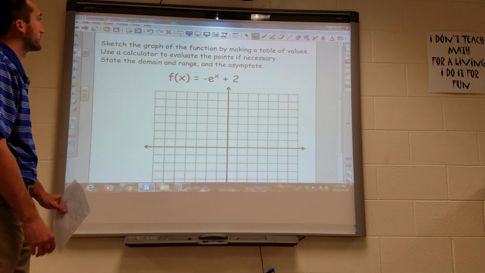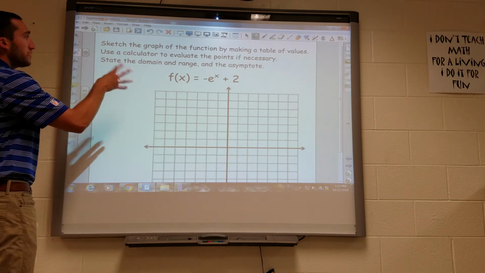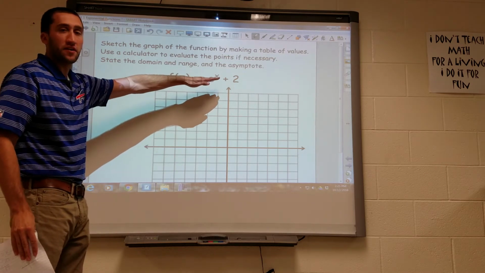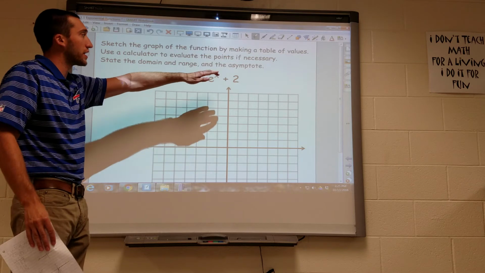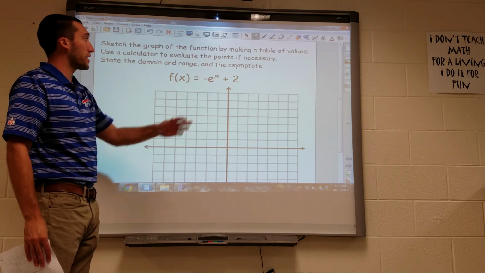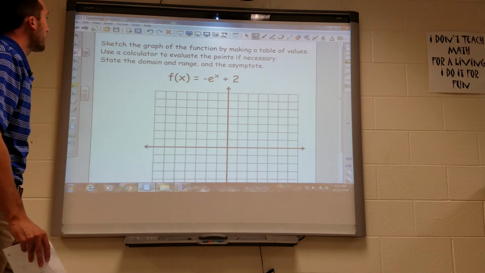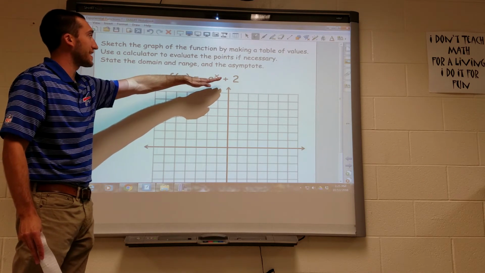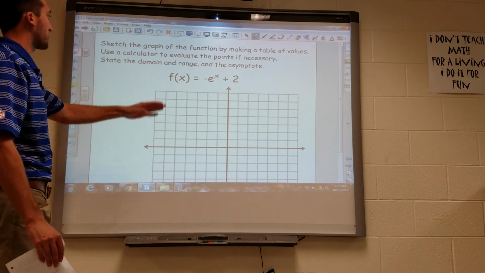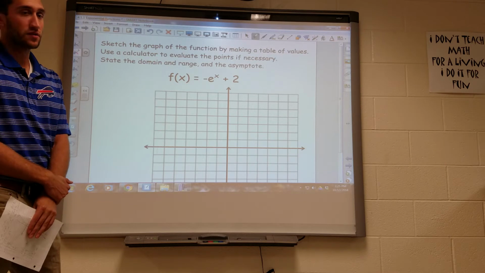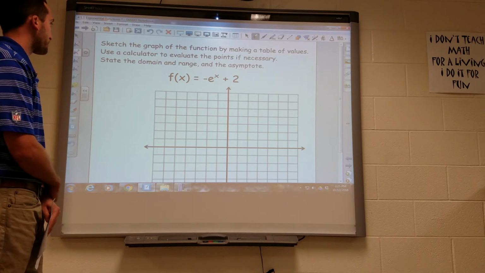And finally, again, graph. We have a unique term e in here. You may be familiar with that when you did logs before. So we're going to get definitely more into logs in this chapter. So we have this special numerical e, and then they want us to state the domain and range, and then find the asymptote, so the horizontal asymptote there.